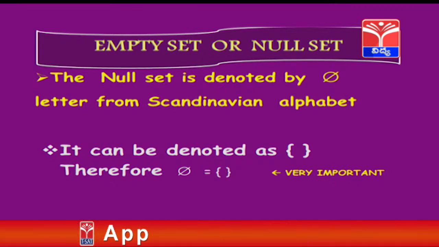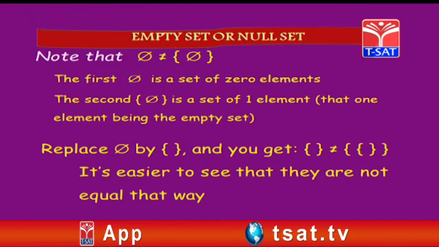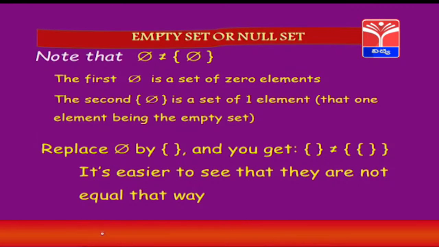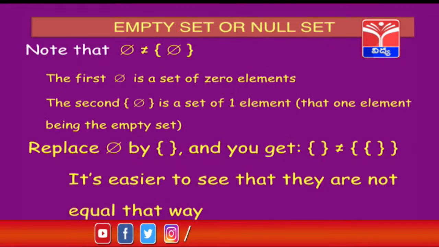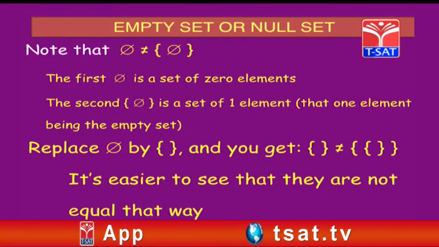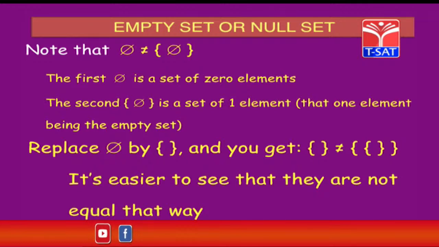It is very important, do not be confused. Next, you see a very important note. Here you see phi is not equal to the set of phi. The first phi is a set of 0 elements, a set with no element.